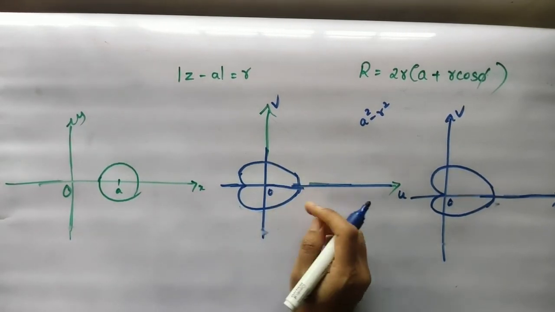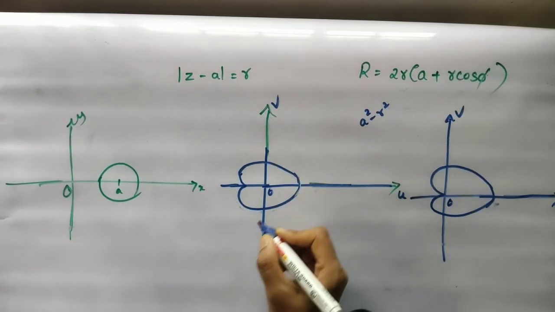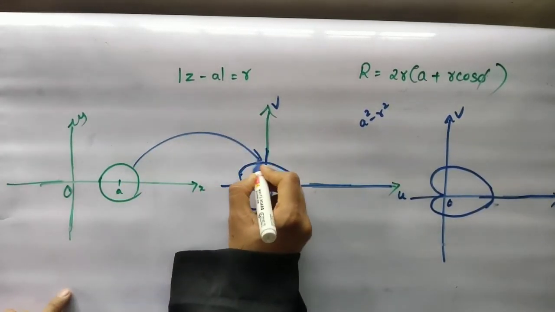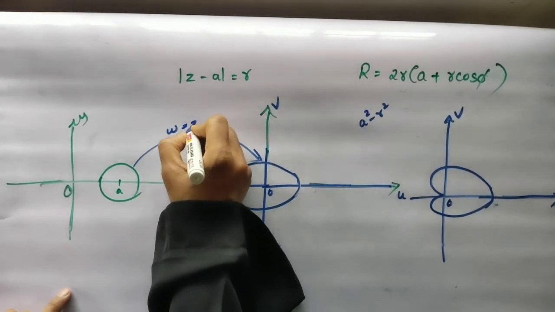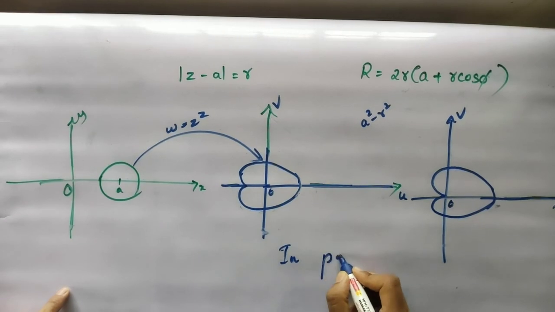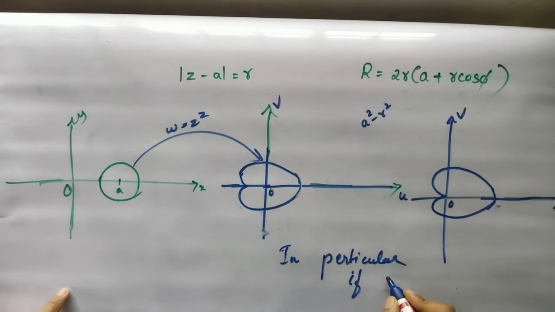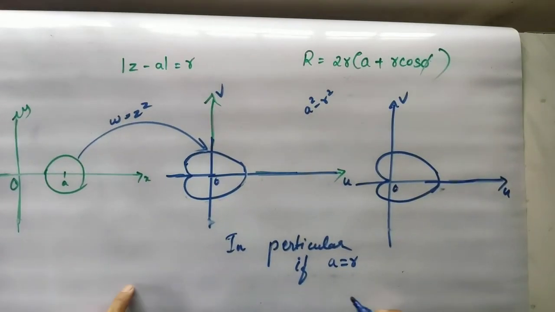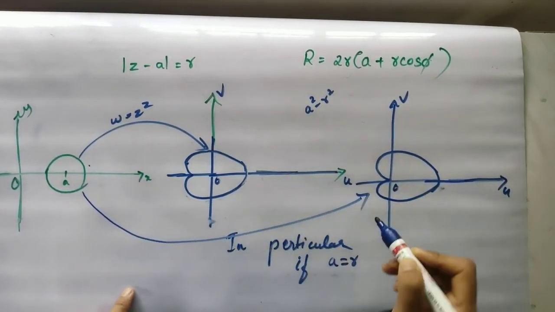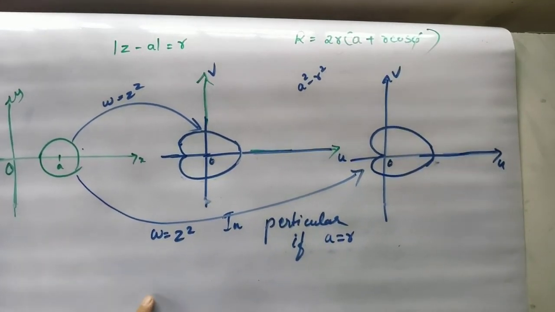So under the transformation W is equal to Z square, these are the things that happen. This circle is transformed to a limaçon. In particular, if A is equal to R, then the same circle will be transformed to a cardioid.